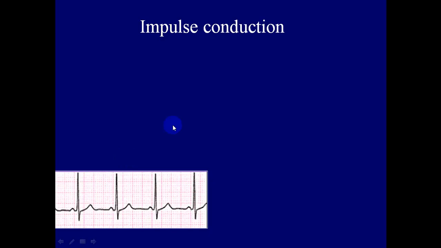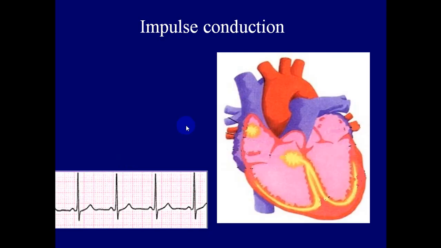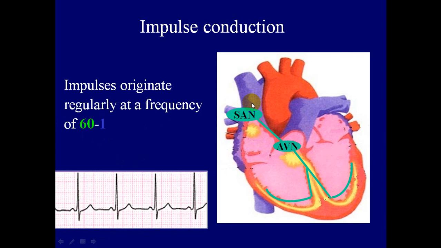So the impulse conduction normally starts from the SA node, the sinoatrial node, which is the cardiac pacemaker, through the internodal and interatrial conduction system to the AV node, and from the AV node to the bundle of His and the right and left bundles to the Purkinje fibers. Normally in an adult the rate is between 60 and 100 beats per minute.